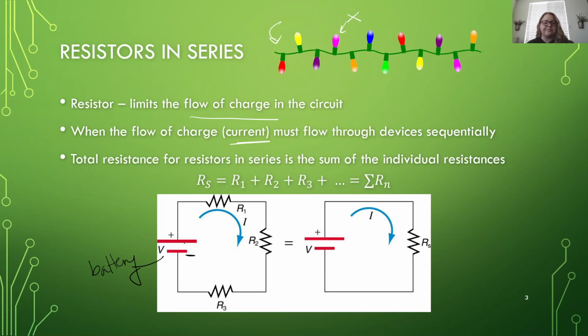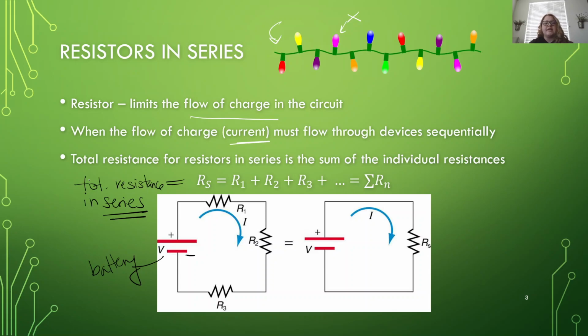And with that, in series, the total resistance is going to be the addition of each of those resistances. Okay, so this is the total resistance in series. That's very important, okay?